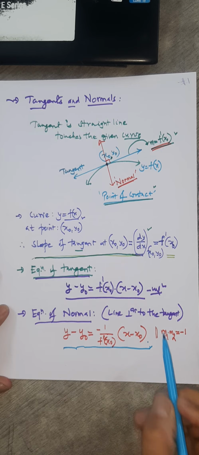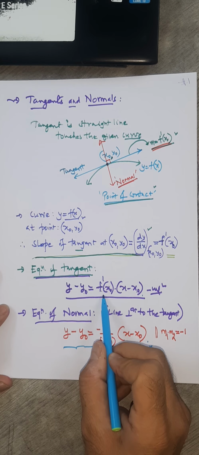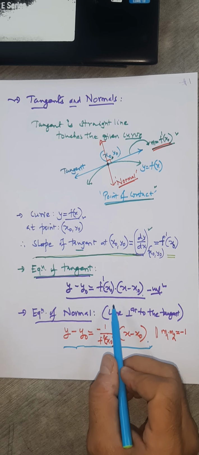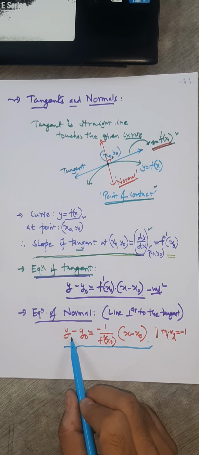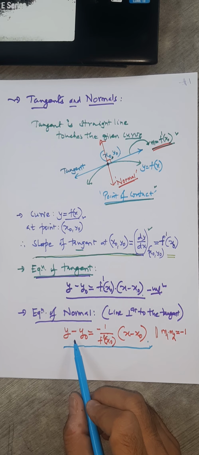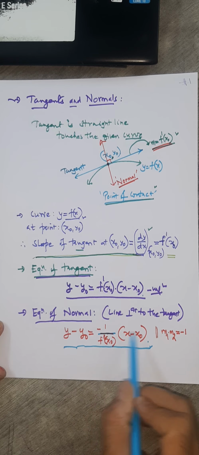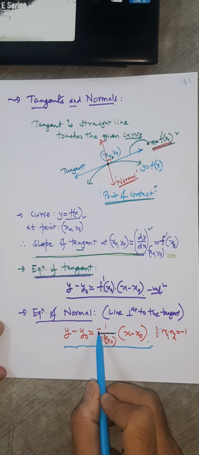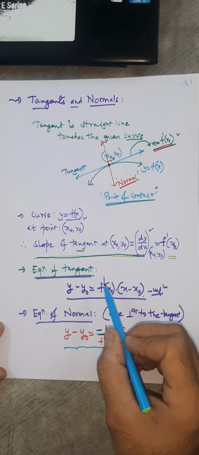I hope there is nothing to remember. This is quite obvious. The tangent is a straight line passing through x0, y0 having slope f dash x0, that is dy by dx. And the normal is a line perpendicular to the tangent at the point of contact, whose slope is given by this, using the concept from coordinate geometry: minus 1 upon f dash x0.